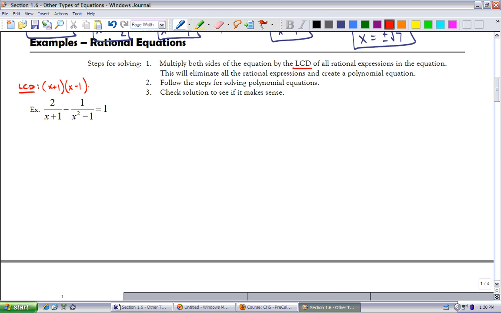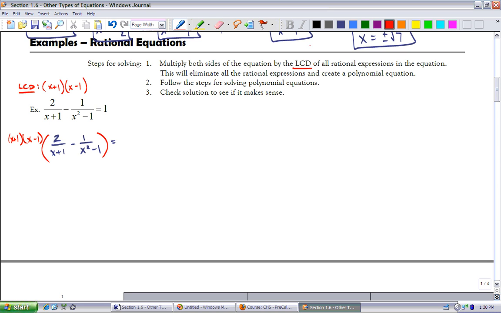Now, I'm going to use that least common denominator to eliminate all these rational expressions. So it's a technique using the least common denominator. Here's what we're going to do. We're going to take our problem, 2 over x plus 1 minus 1 over x squared minus 1, and multiply that entire thing by my least common denominator, x plus 1, x minus 1.